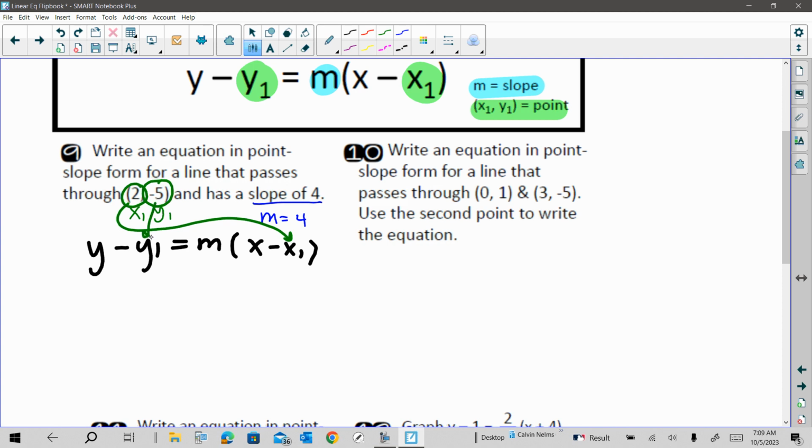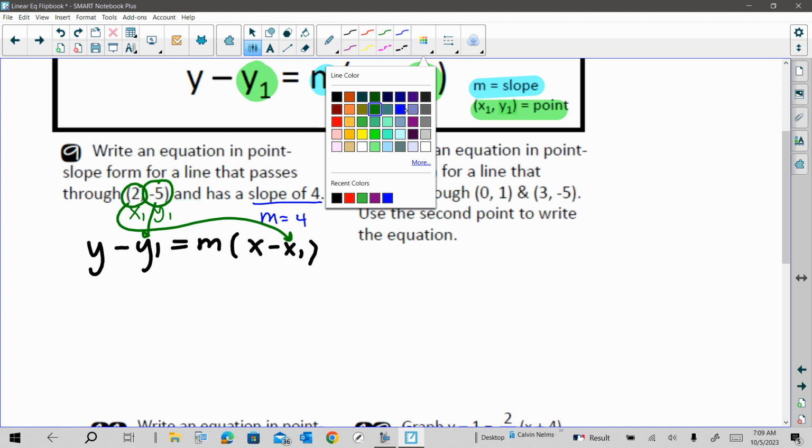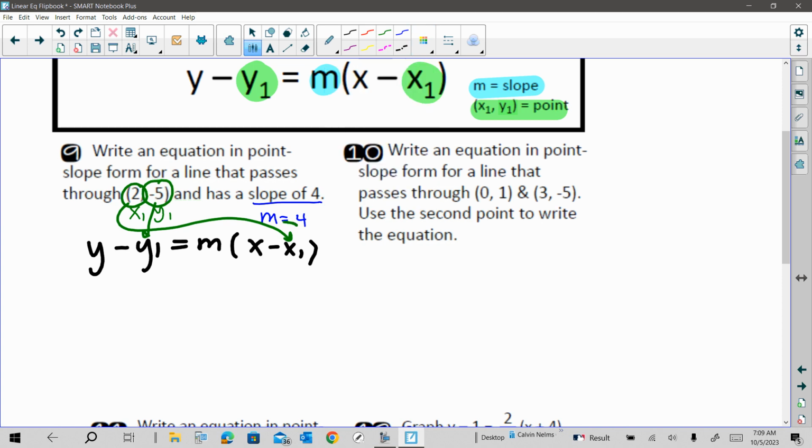And then we're going to take our slope, which is our m equals 4, and that goes in front of the parentheses. So we're just substituting the parts in. So this would be y minus a -5 equals 4 parentheses x minus 2.